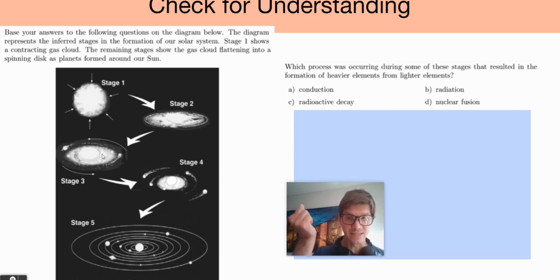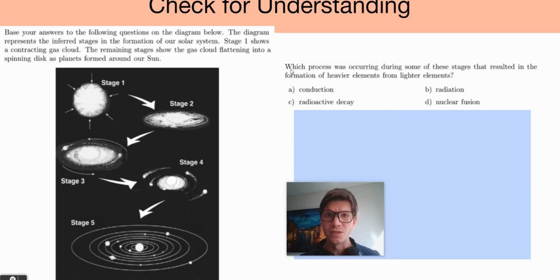So as soon as the process of fusion happens, it becomes a star, and then gravity is going to keep causing the disk to form into planetesimals and then to planets and asteroids and all of the other objects that we have in our solar system. So here it is. The process that was occurring during some of these stages that resulted in the formation of heavier elements from lighter. Well, we know that this is nuclear fusion.